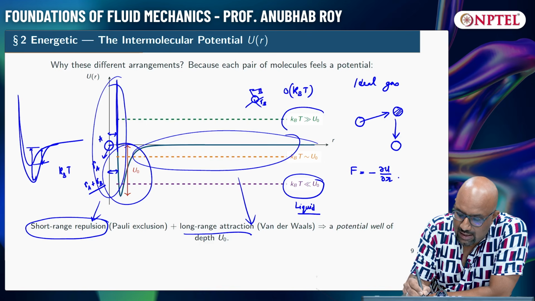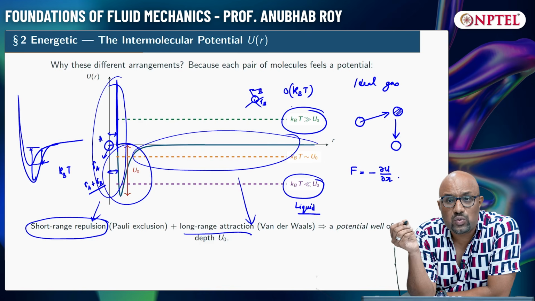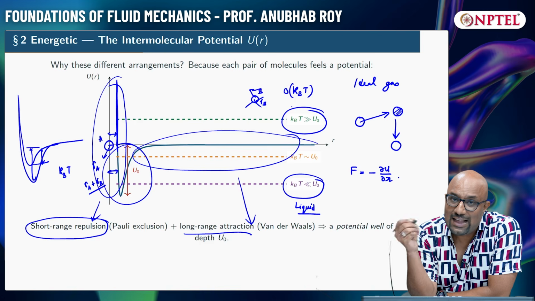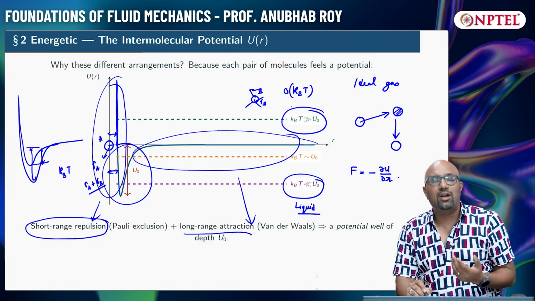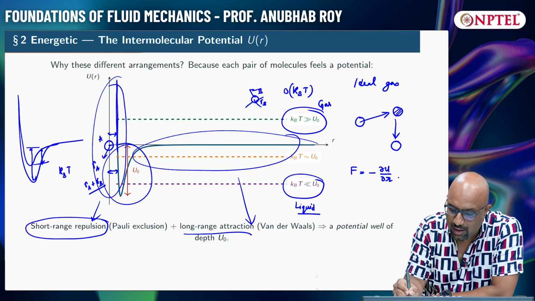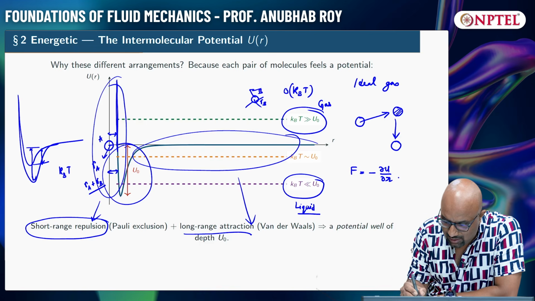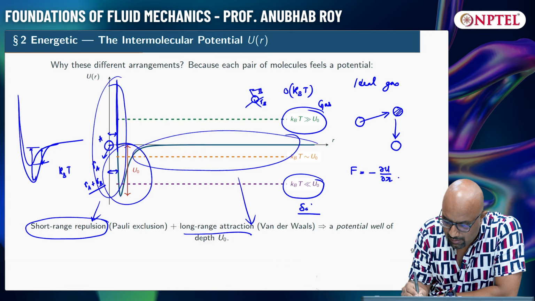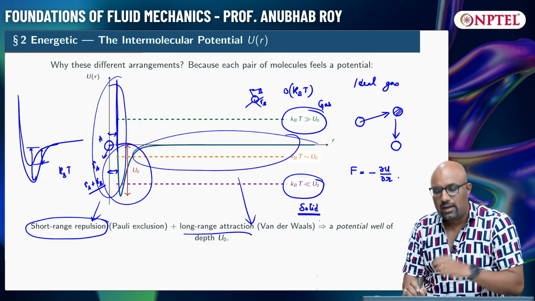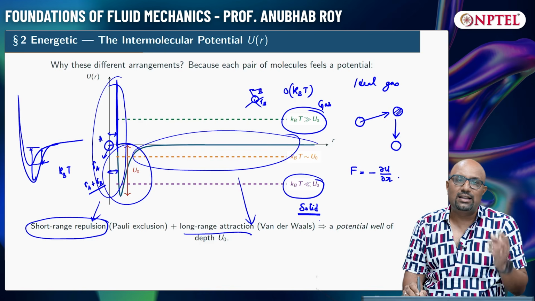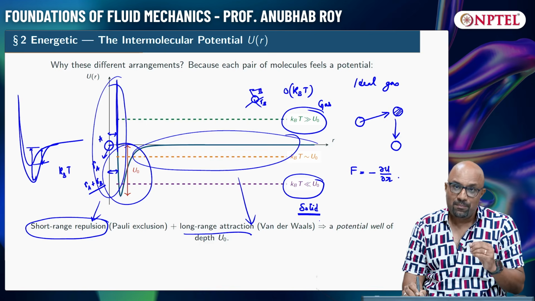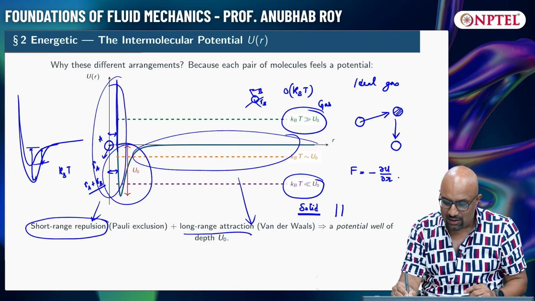In contrast, if the thermal fluctuations were very large, such that they were much larger than the energy well depth, in that case, the energy well depth is insignificant and you can freely move around, and that would be a gas. Sorry, this should have been a solid. So if the thermal energy scale is much smaller than the potential energy well depth, you basically get a solid, a nice ordered arrangement of your crystal.